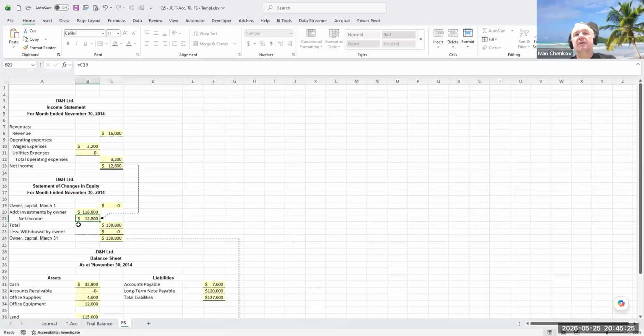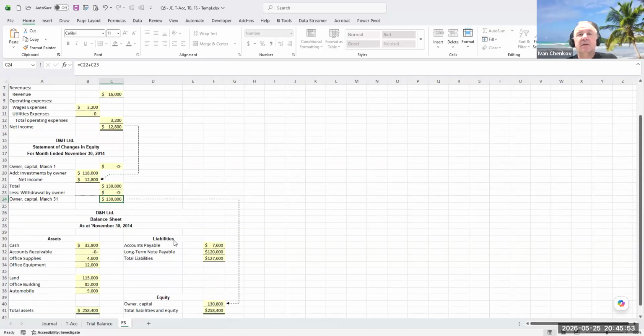Well, the owner gets it. What else does the owner have? His initial investment. So in total, his portion of the business is $130,800. That's his capital. That's how much of all the assets he owns.